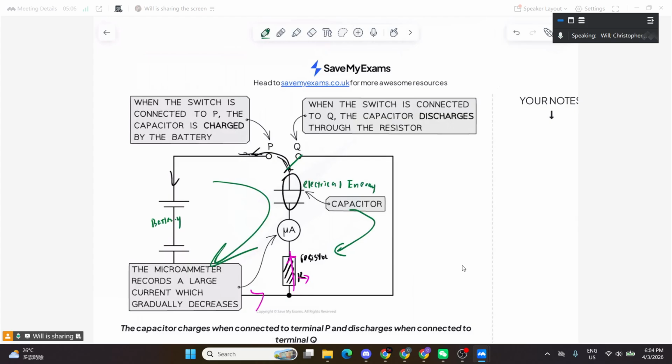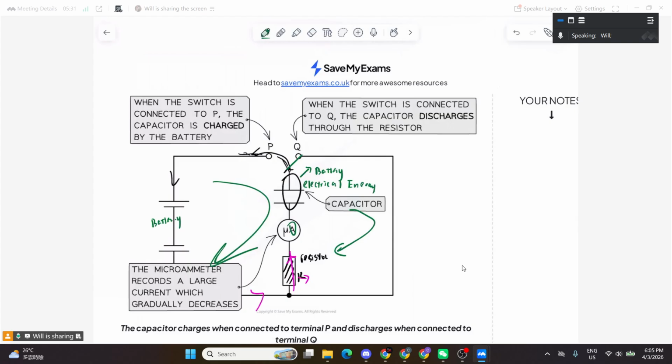And the capacitor has become the new battery, providing the electrical energy that will be dissipated by the resistor, and the ammeter, and we can read the number.